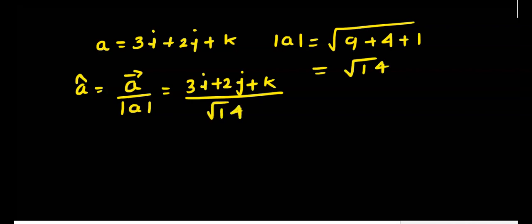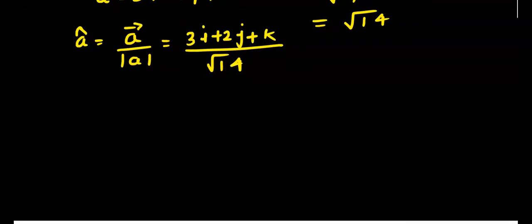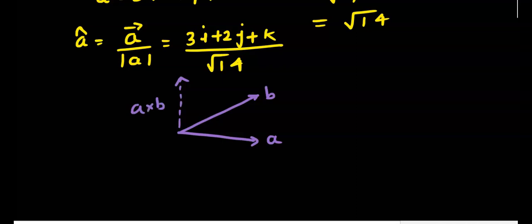So if a question comes, find a unit vector perpendicular to both A and B, if there are two vectors, let me scroll down. So if there is one vector A in this direction and another vector B in this direction, and you need to find the unit vector perpendicular to A and B, we know that in this direction is A cross B. So indirectly we need to find the unit vector of A cross B. So let's put a cap sign here.